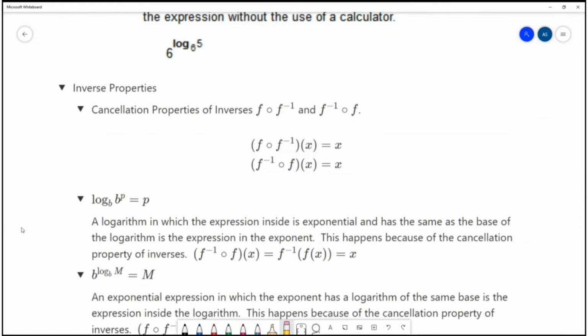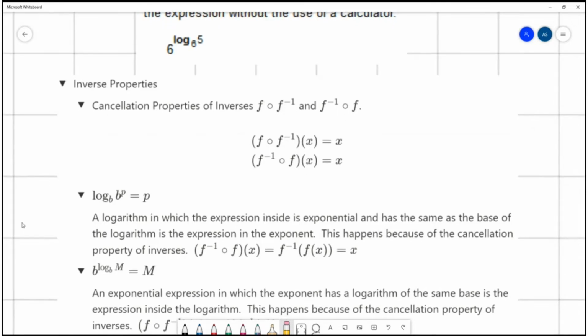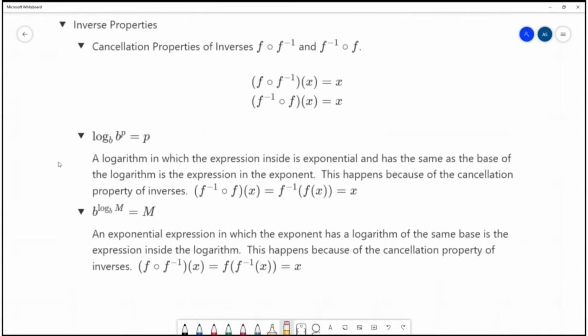So this idea of logs and exponentials being inverses of each other gives us these two properties that I have listed here. And in this first one, we have a log and an exponential, and the exponential is inside of the logarithm. That's composing when you substitute one function inside of the other. The exponential is substituted inside the logarithm.